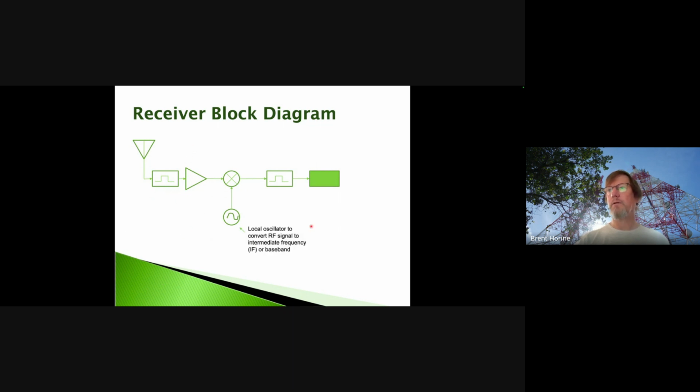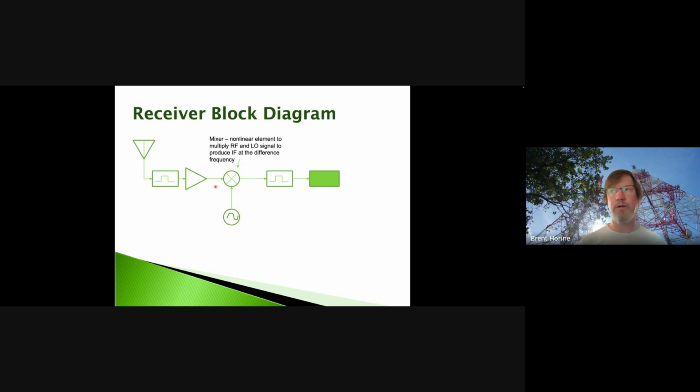Now here we have a local oscillator. So this is going to generate an RF signal, and that is then going to work with this nonlinear mixer right here to convert the RF signal down to a more reasonable frequency that we can work with, right? And so this is using that same nonlinear mixing that we talked about.